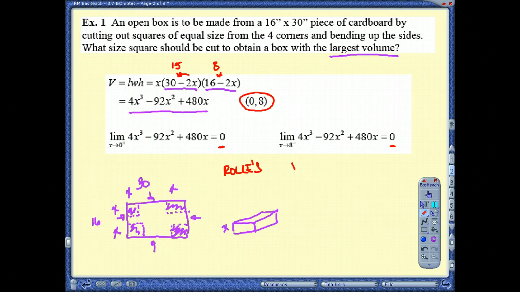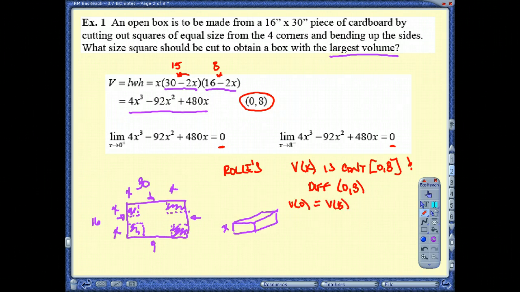And we have to talk about our volume function, and it is a function of x. V of x is continuous on that closed interval, and differentiable on the open. And we just found the derivative. Okay. And v of 0 equaled v of 8.